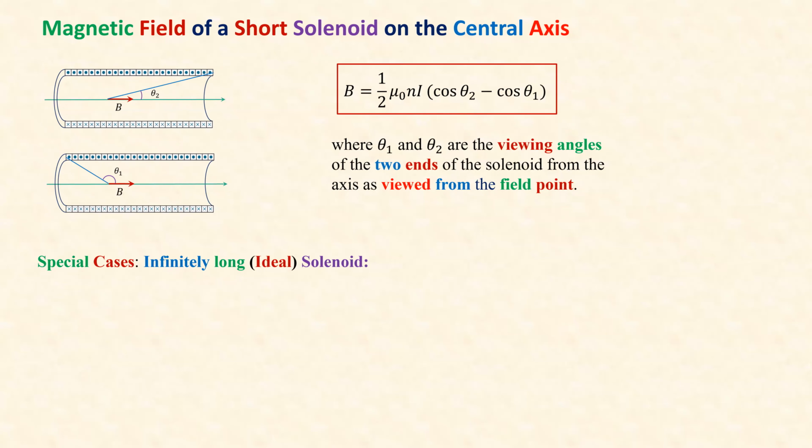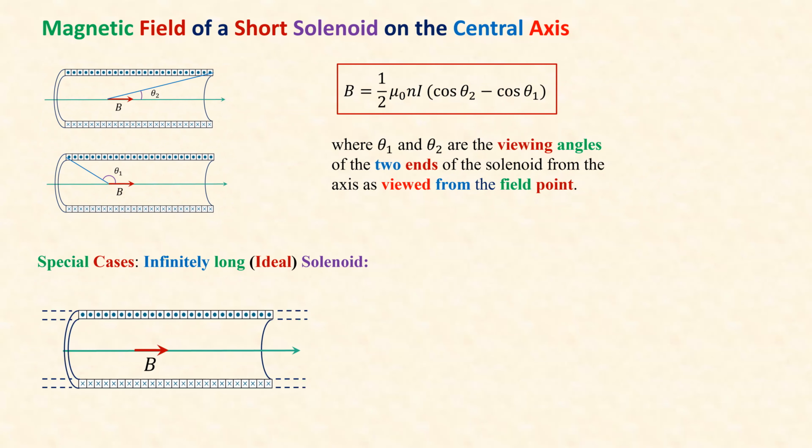One special case is the infinitely long or ideal solenoid, for which we already know the answer. This is in every book. If the length becomes infinity, what is theta 2? Theta 2 goes to 0 and theta 1 goes to 180 degrees.